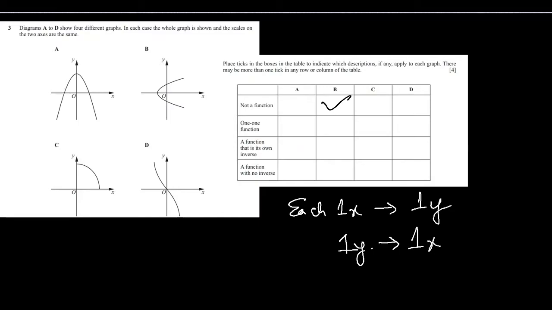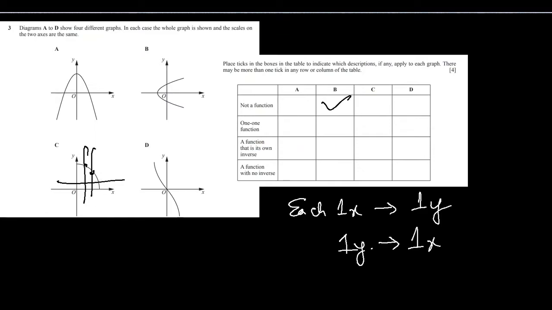Let's go to second one. It was not, because there are two y's which have same x. So B is also not 1 to 1. Okay. C. Yes, in both directions, one x has one y, even if I do horizontal line or vertical line, it passes through only one point.